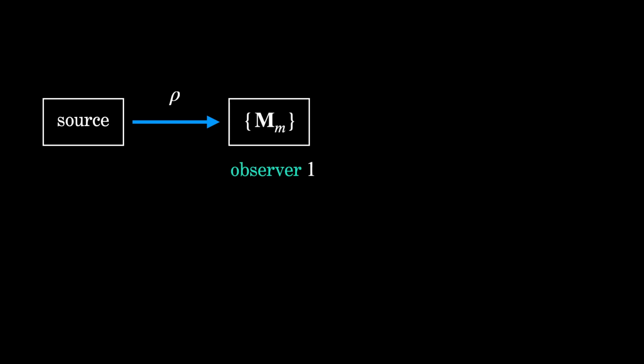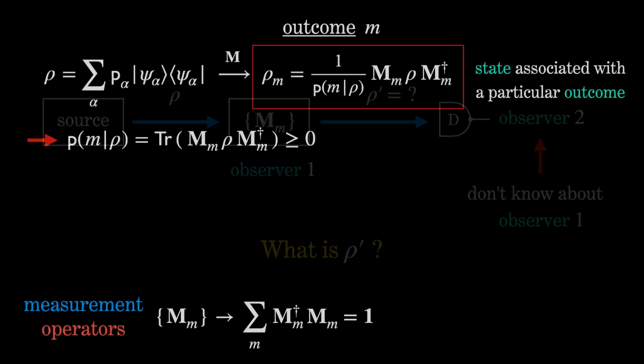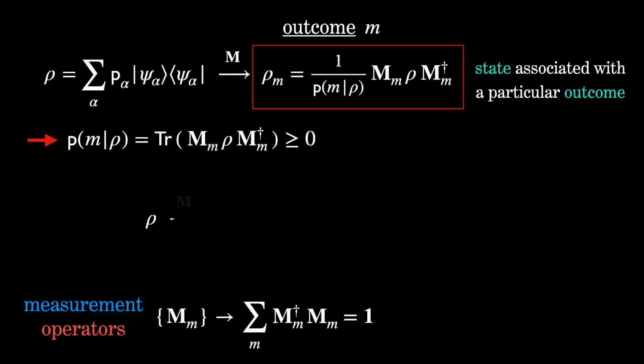But what if after this observer measured the system, she passes it on to another observer who has no knowledge of the results of the previous measurements. How would this second observer describe the system, just from his own measurements of the system? A reasonable answer for rho prime would be to just average over all the outcome states by their associated probabilities.